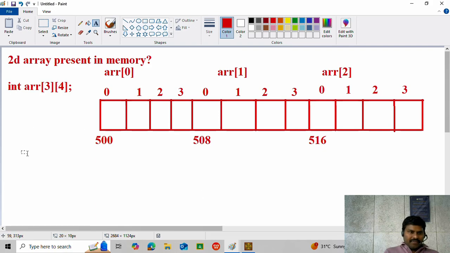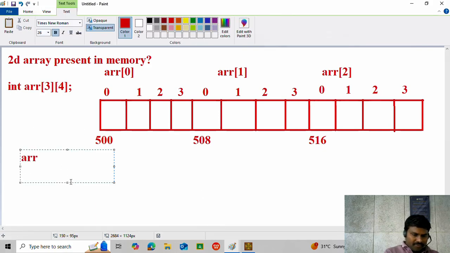So what is arr? Arr is the base address of the array. Base address is 500. So what is arr of 0?